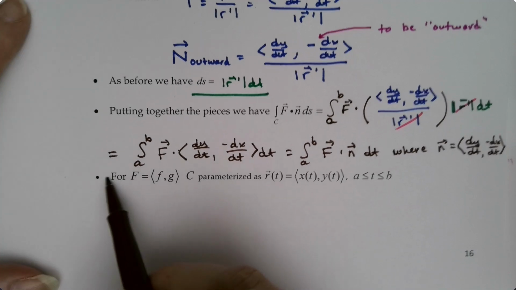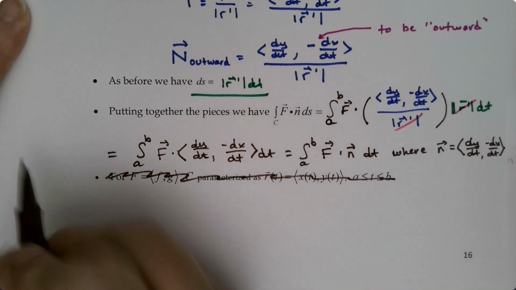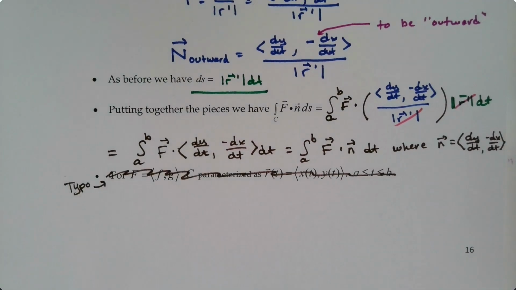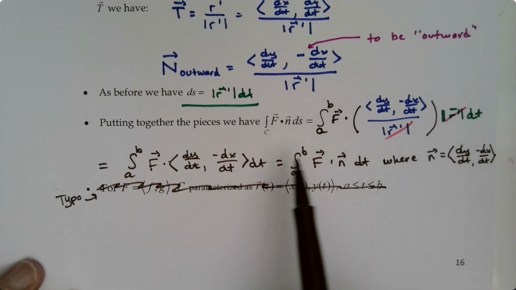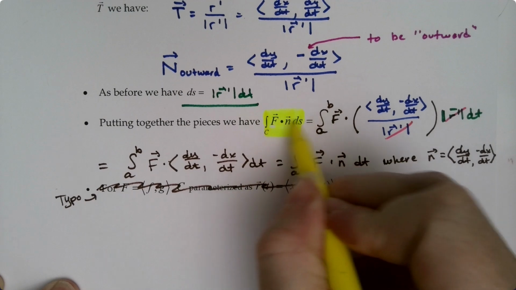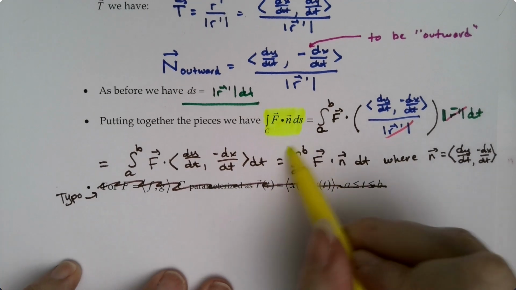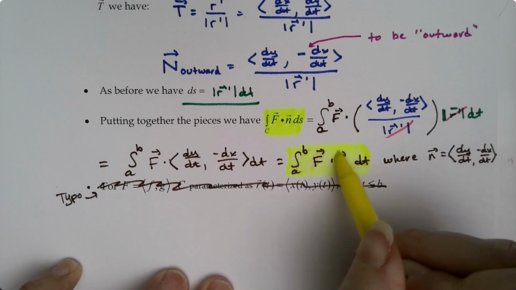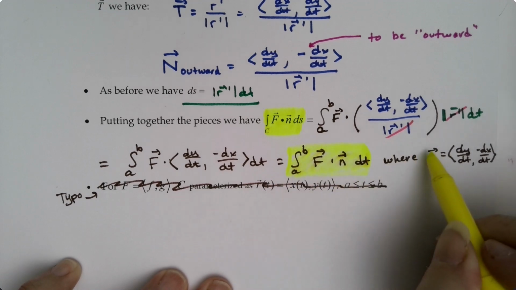And this gives us the formulas for flux. So you can see flux is written this way right here. And in 2 dimensions and in 3 dimensions, it's this way as well. It's just that in 3 dimensions, finding that normal vector is hard to do. In 2D, n is this.